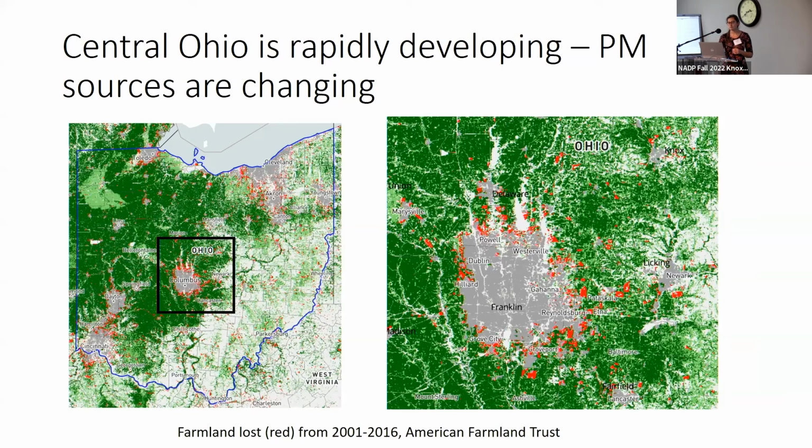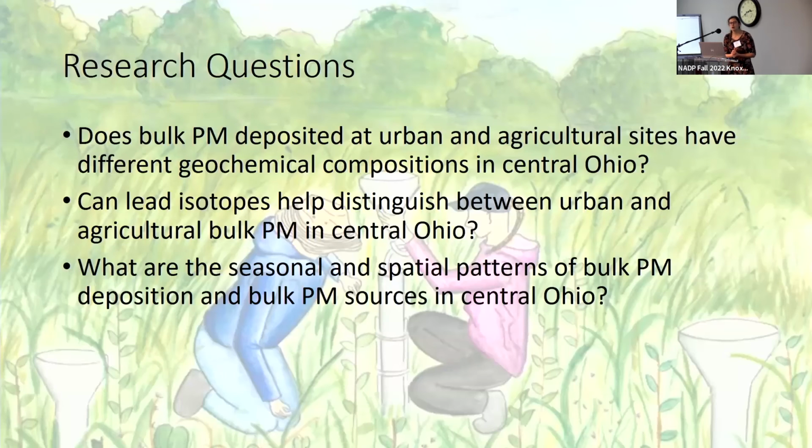So my group at Kenyon is interested in understanding this changing landscape of particulate matter deposition in Ohio. Right now we're interested in characterizing what the landscape of bulk particulate matter deposited at both urban and agricultural sites looks like, and how their geochemical compositions are different.